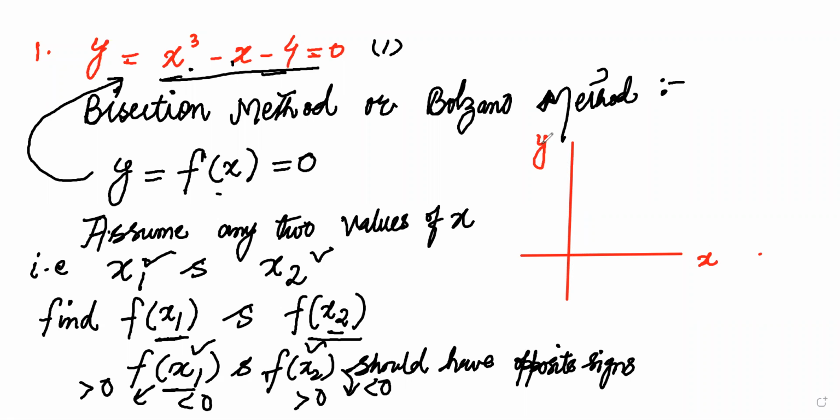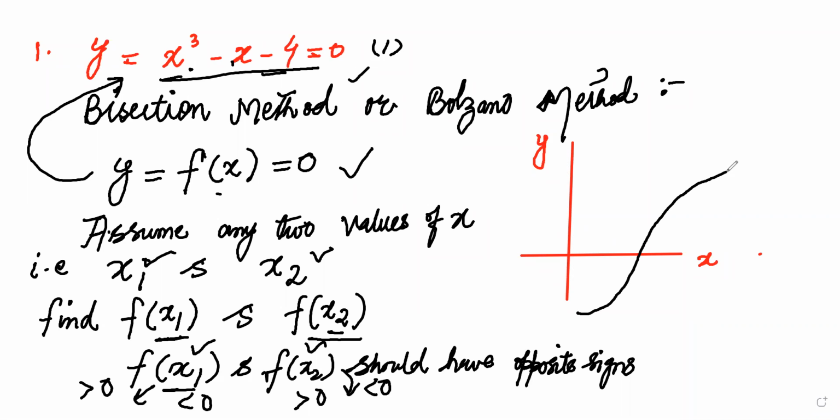When we look at the graph of a nonlinear equation, it can be any curve but not a straight line. Let's suppose the graph of the equation y as a function of x is, for example, like this.